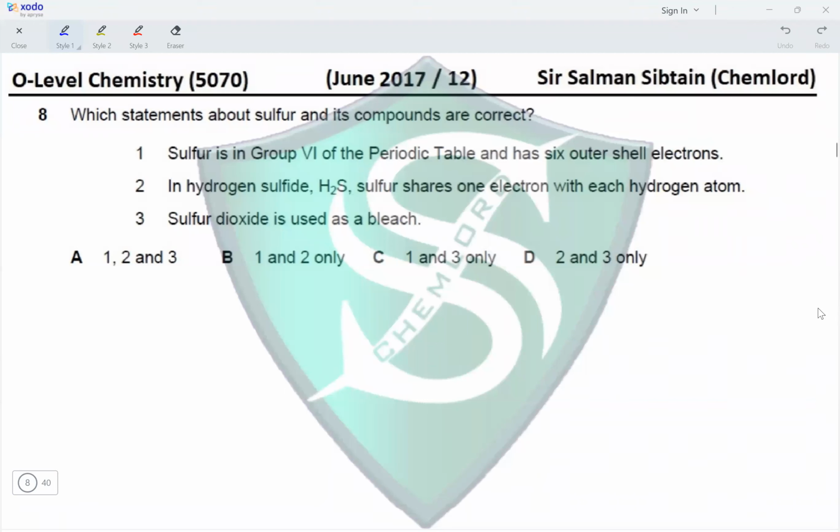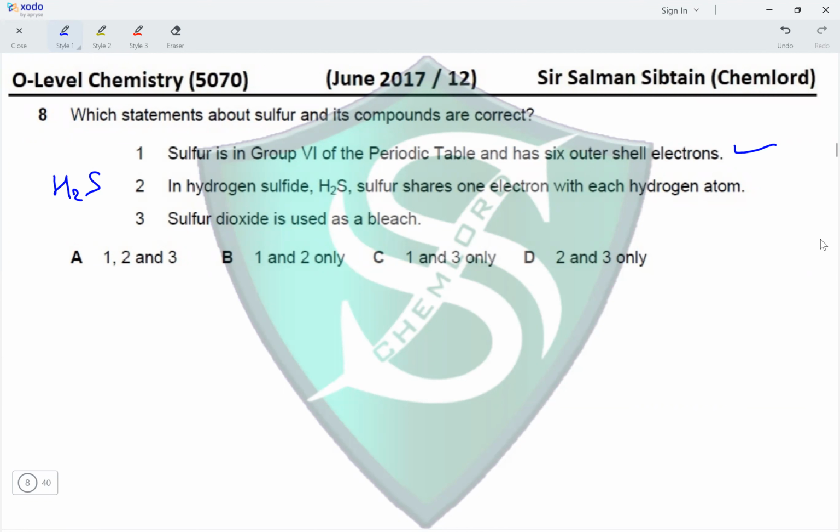Question 8. Sulfur is in group 6 of the periodic table and has 6 outer shell electrons. The question was which statement about sulfur and its compounds is correct? Okay, so the next one, hydrogen sulfide is H2S. Sulfur shares one electron with each hydrogen atom.